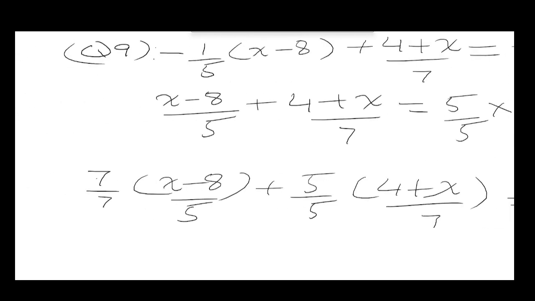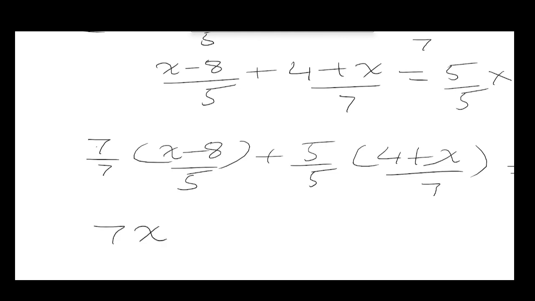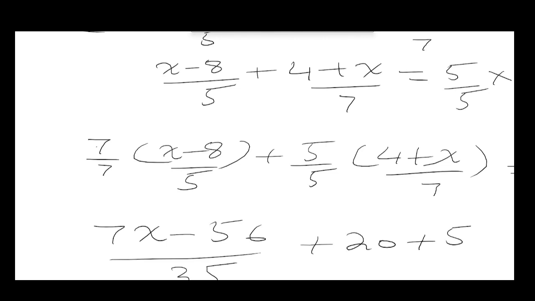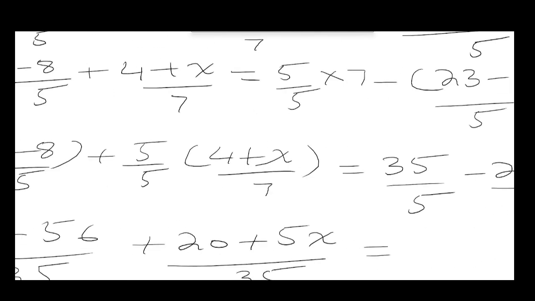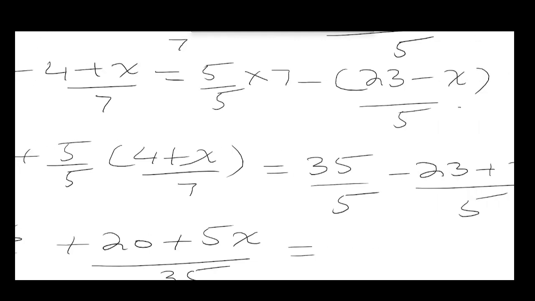Now here what will happen is that we will have (7x minus 56) over 35 added with (20 and 5x) divided by 35, and then we can just simplify this expression.